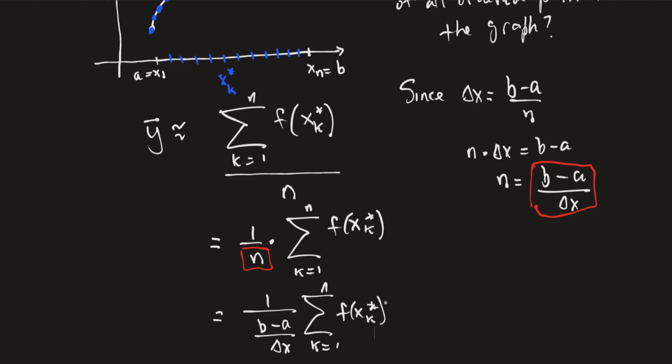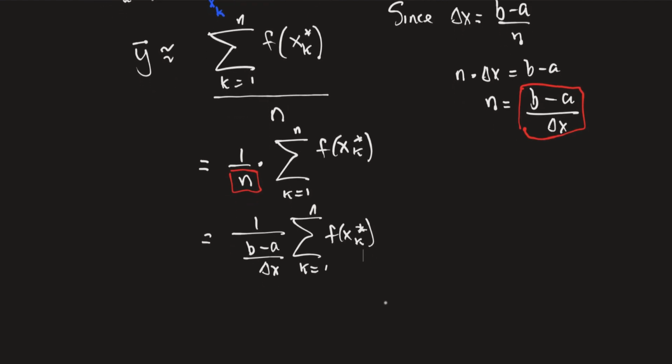Now, 1 over b minus a over delta x just means it's the reciprocal of this. So if I flip this over, the delta x goes on top, the b minus a in the bottom. So I have now delta x over b minus a, and then here is my summation.